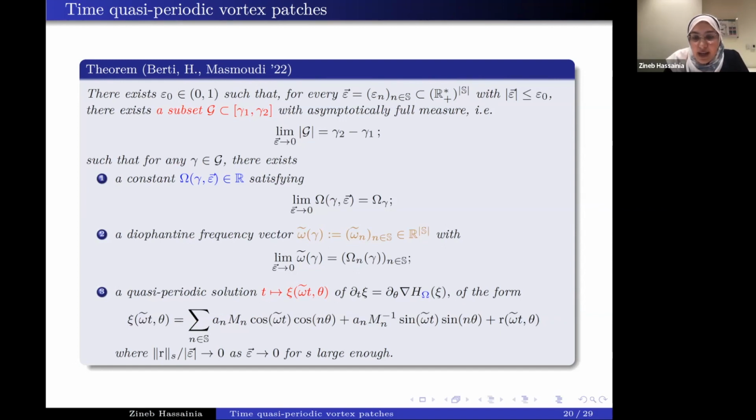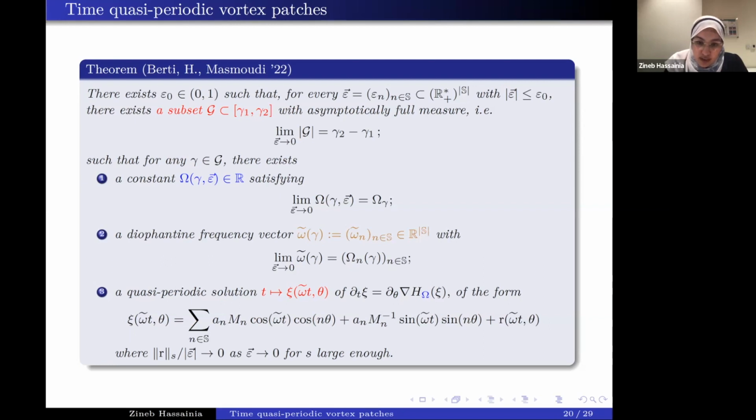If you fix amplitude epsilon, which is sufficiently small, you can find a subset with asymptotically full measure, such that for any gamma in this set, you can find an angular velocity omega, which is close to the speed of rotation of the ellipse, and a frequency vector omega tilde, which is also close to the linear frequency at the equilibrium, such that the contour dynamic equation has a quasi-periodic solution.